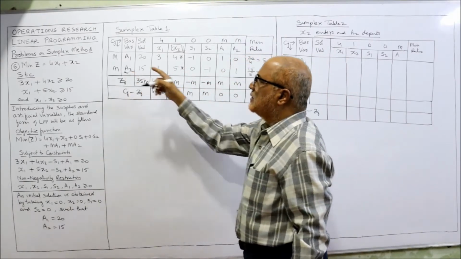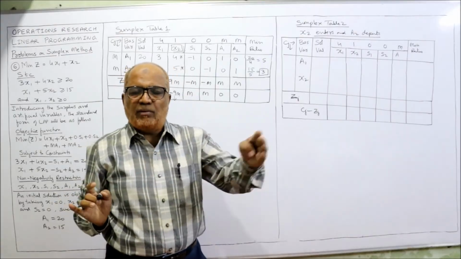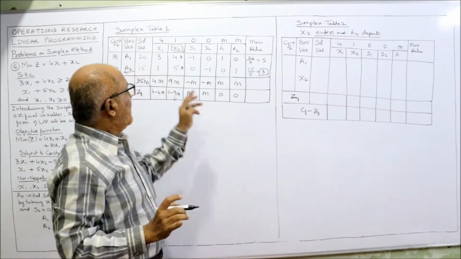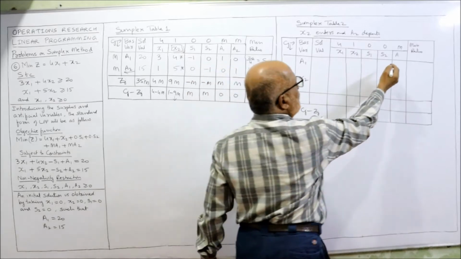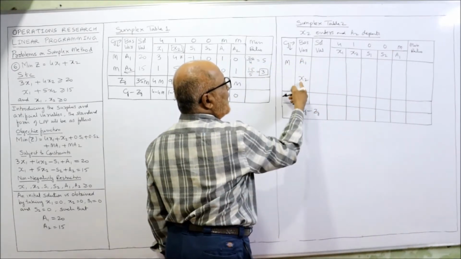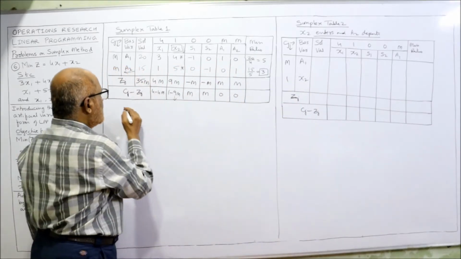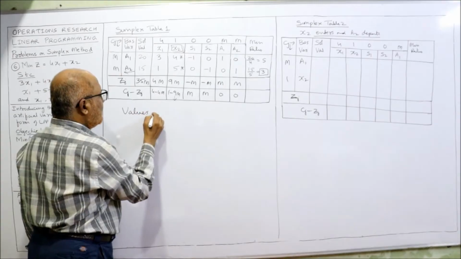A2 is departing. That means we don't require the column of A2. Whichever artificial variable is departed, no need to make the column. A2 is departing, so we are making only A1, right? So A1 coefficient is M, x2 coefficient is 1, right? Now we need values of entering variable.